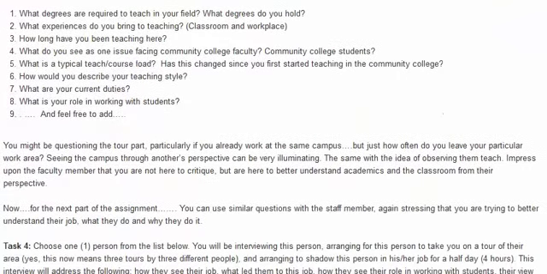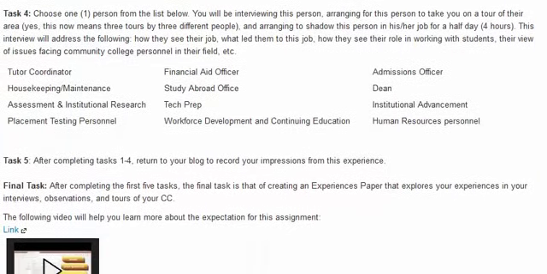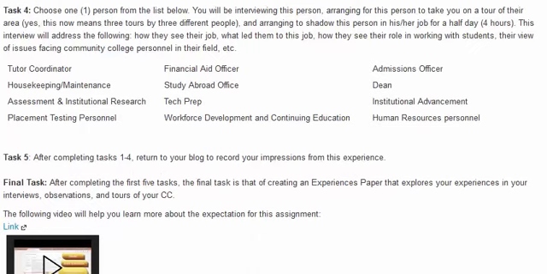Again, here are your questions that you're to use in the interview, and then you will choose from one of these positions below, and you will identify that person and interview this person using the same questions as above.